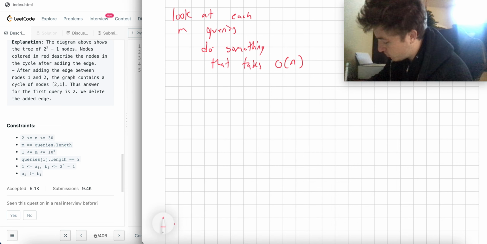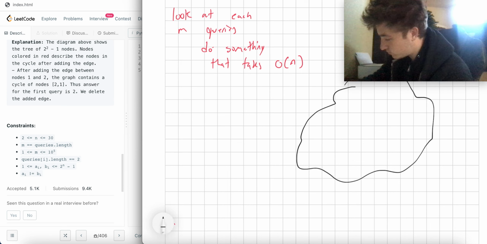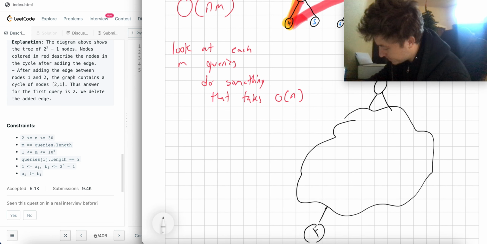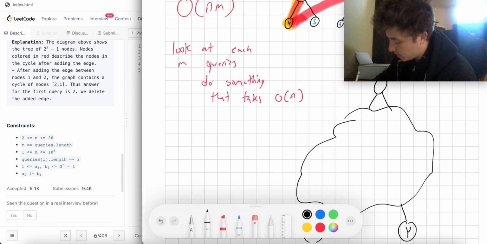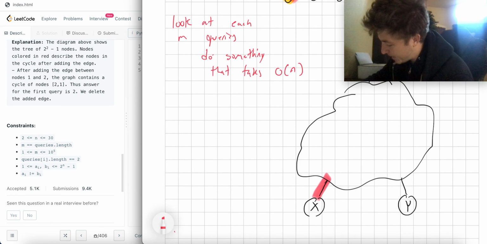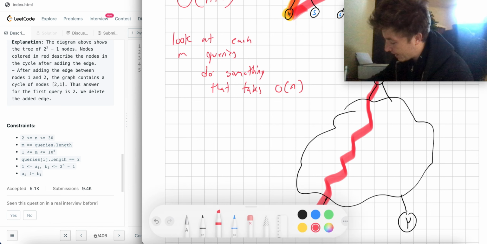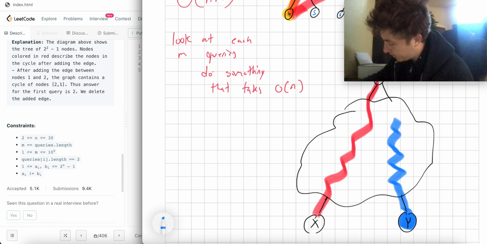If there's 2 nodes that we're trying to connect, and this tree has a root always, and I'm trying to connect node X with node Y, then X has some path up to the root, whatever it looks like, and Y also has some path up to the root.